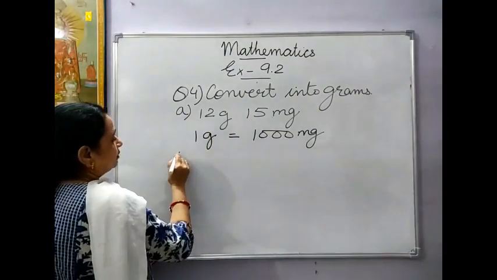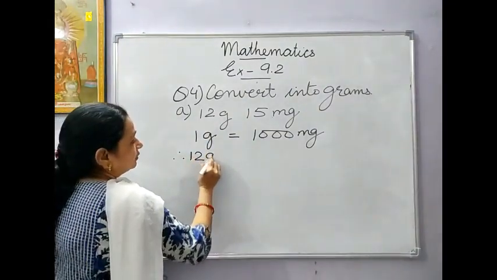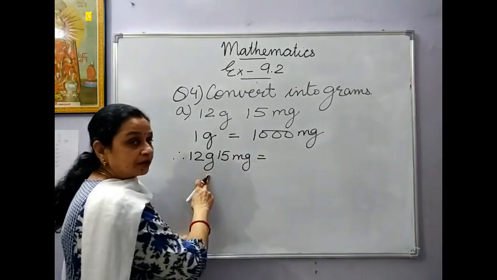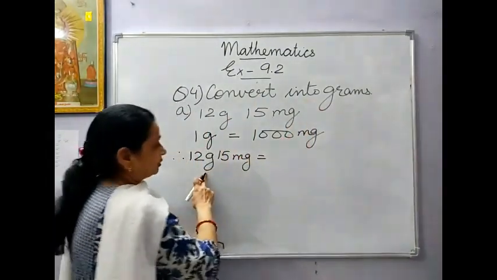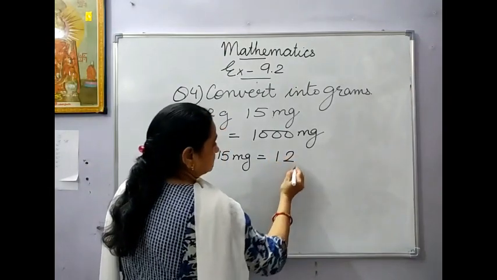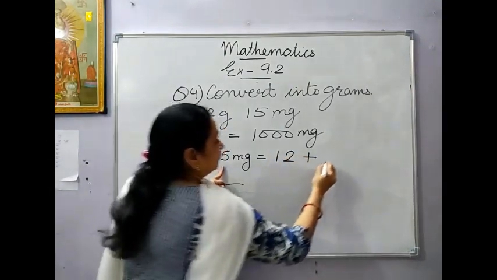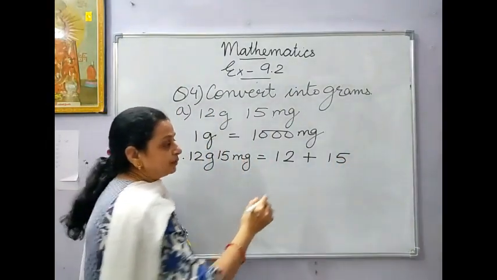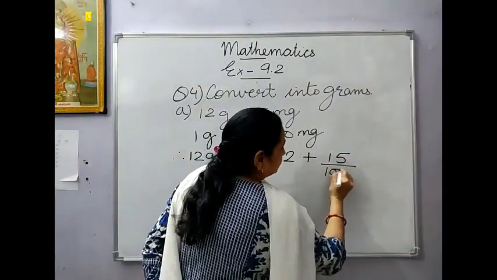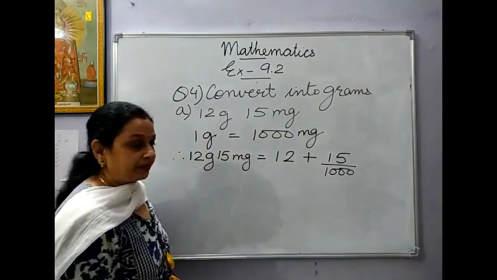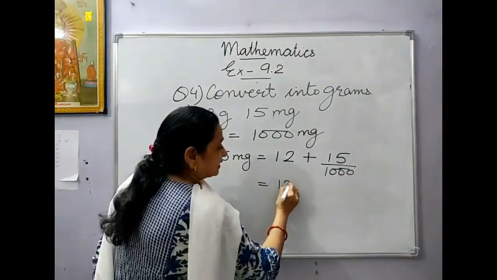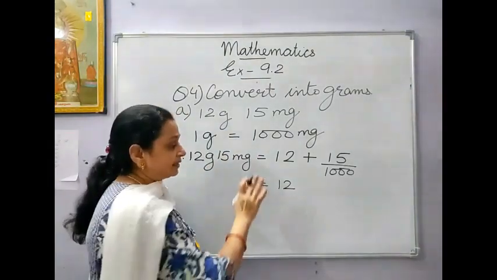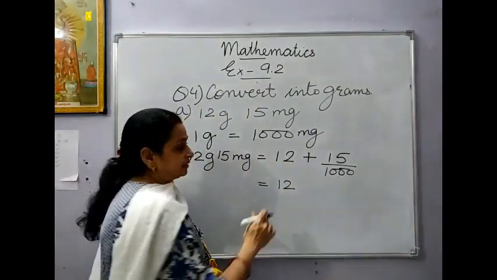So 1 gram is equal to 1000 milligram. Therefore 12 grams 15 milligram will be equal to, this is already in grams, so we will keep it as it is, plus 15 milligram. Since we have to convert the smaller unit into bigger, we have to divide, so we will divide like this. Then same method as we have done in the other 2 sums, only the difference is about 1000 and tens.